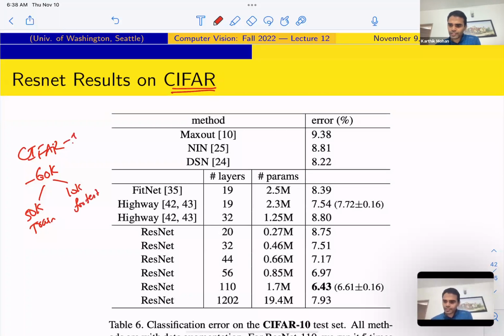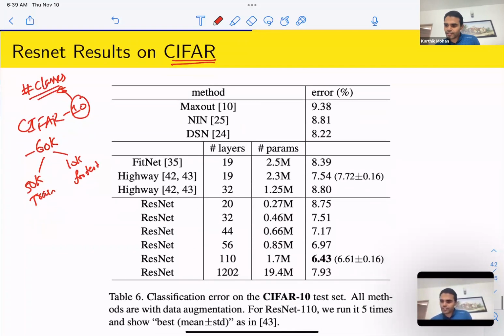And then they have CIFAR-10 and CIFAR-100. So 10 refers to the number of classes. So they have roughly about 6,000 images per class, and then 10 classes, so 60,000 images. 50K of them go into training and 10K go into test. So on the CIFAR-10 data set as well, the ResNet 110 does well.